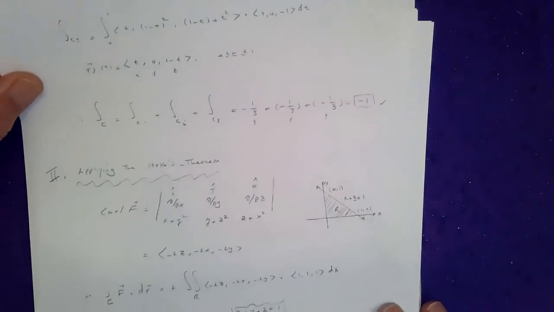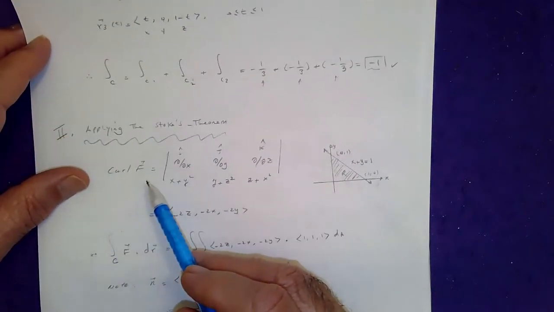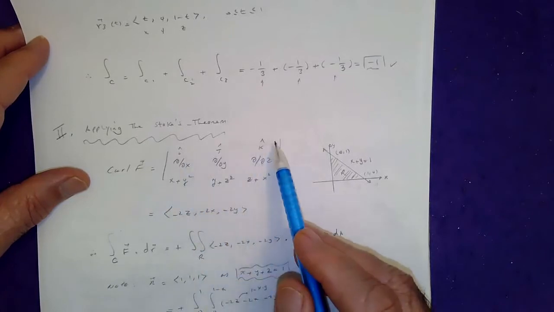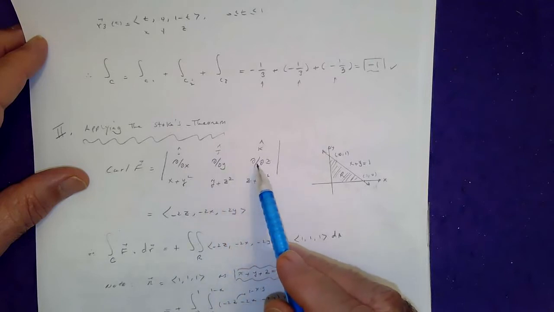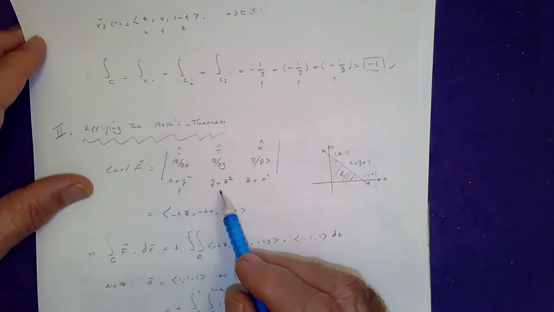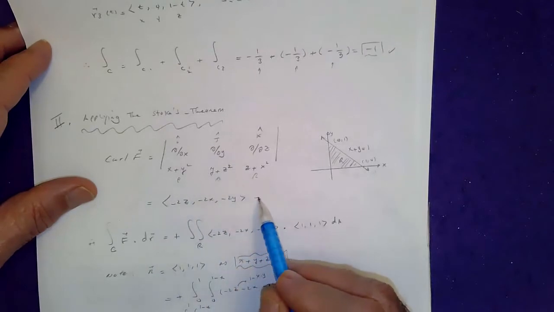So now let's see how Stokes' theorem applies. First, you get the curl of F, which is a vector, right? The first row is i, j, k, the second row is the partials, and the third row is the x, y and z components of the vector field P, Q, R. When you perform this, you get this vector.